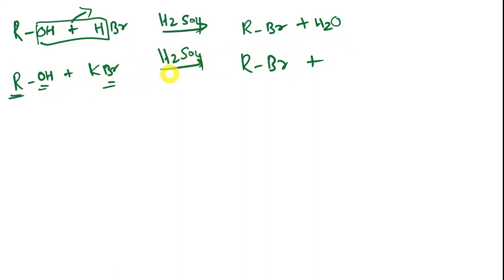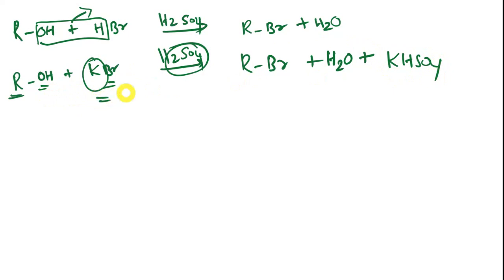Now let me write: one H from here will join with the OH, so let us make H2O, plus what is remaining? K will be remaining here and HSO4 will be remaining here. So KHSO4 will be formed in the case of potassium bromide, right?